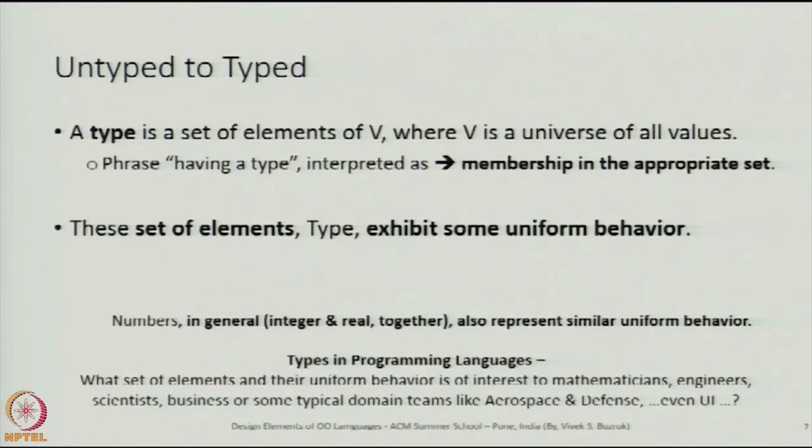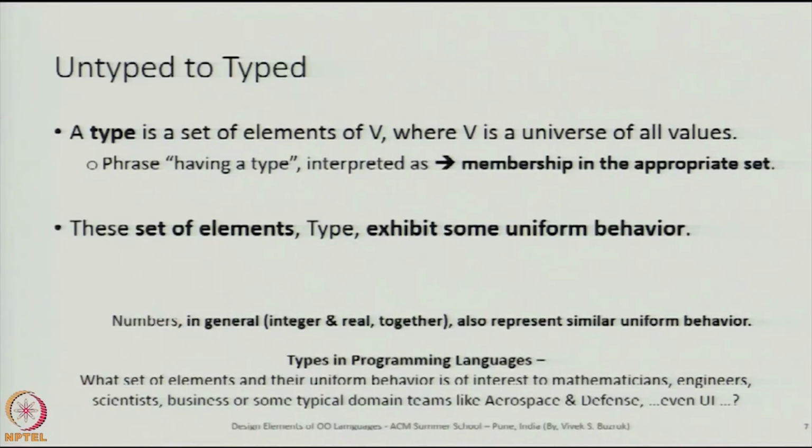Now, we want to concentrate more on type. What is a type? We know that in programming languages we always use integer, float, and other types. A type is basically nothing but a set of elements, and there is some particular behavior attached, a uniform behavior they exhibit.